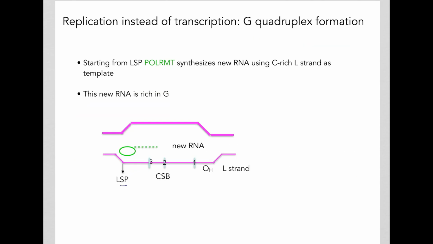So starting from the LSP, this polymerase, POLRMT, will synthesize a new RNA using the light strand as a template. Now, since this light strand is very rich in C, this new RNA here that is made will be very rich in G. As you know, C will pair up with G, so that's why we see this G-rich RNA here.